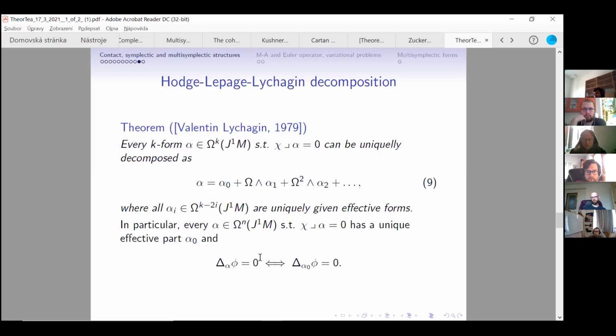It's possible to compute it algorithmically, and it represents the equation uniquely. Which is quite nice, and we will use it the next time in dealing with the existence of a Lagrangian for a given partial differential equation.